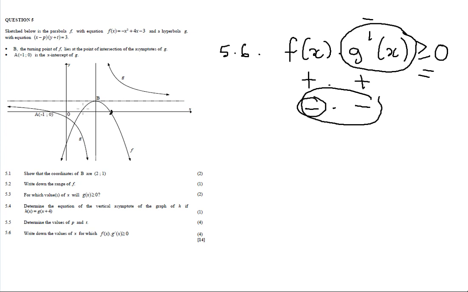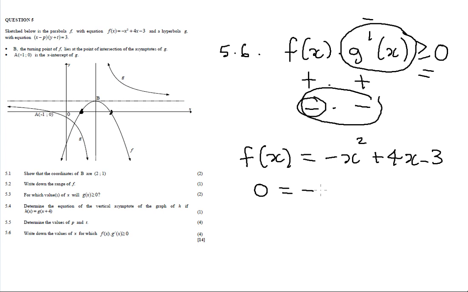So all we have to find is the x-intercepts, and that can be easily done by setting y equal to 0. So remember the equation of f of x is f of x equals negative x squared plus 4x minus 3. And if I want to find the x-intercepts, I'm going to let y be 0. So 0 is equal to negative x squared plus 4x minus 3.